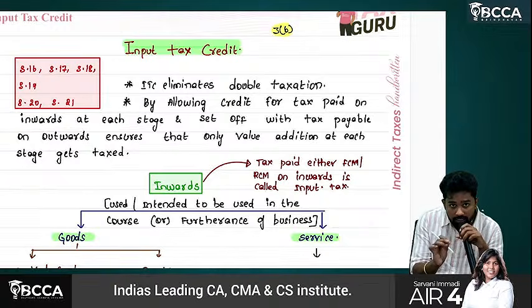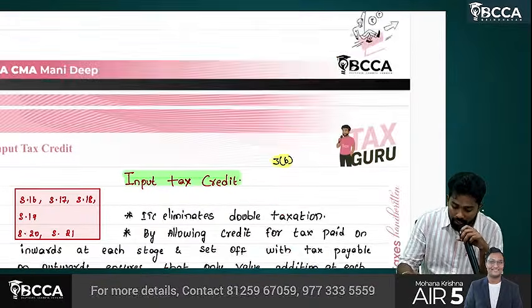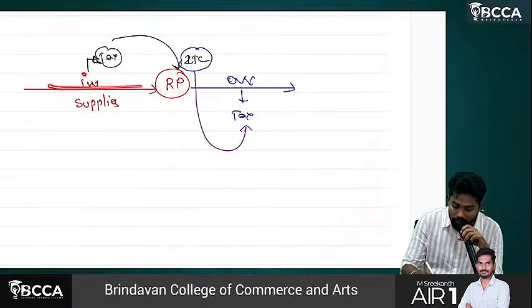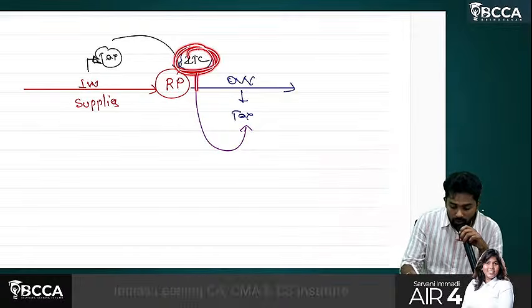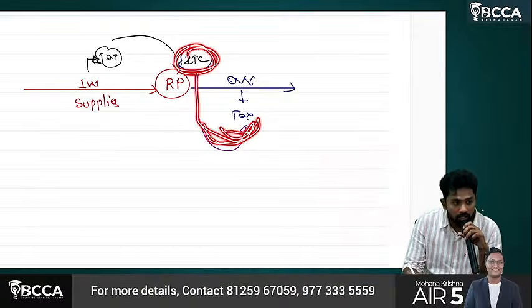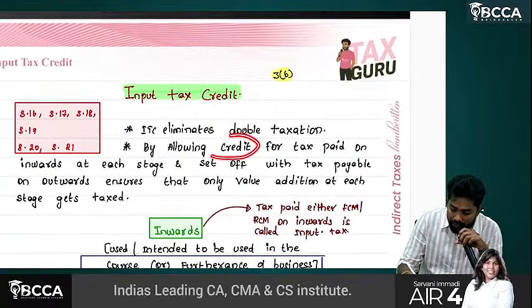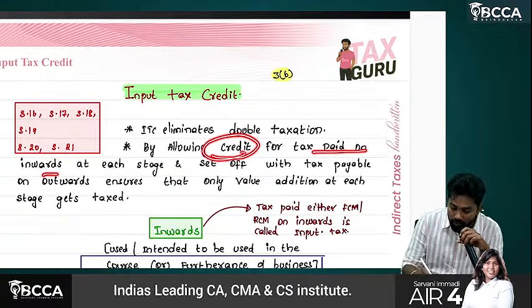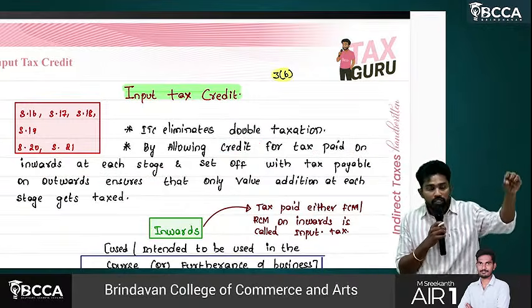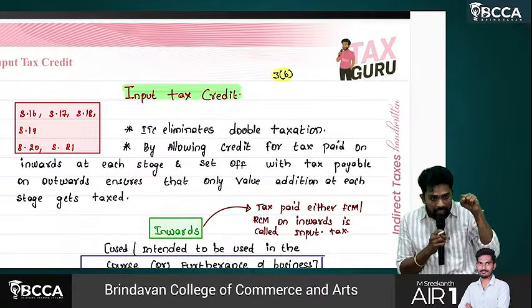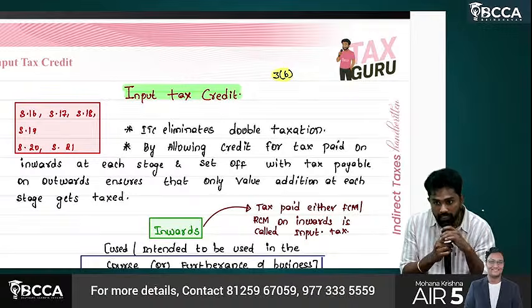At every stage, the tax paid on inwards will be given as credit, and this credit can be used to set off the tax payable on outward supplies. That credit can be set off against the tax liability on outwards.